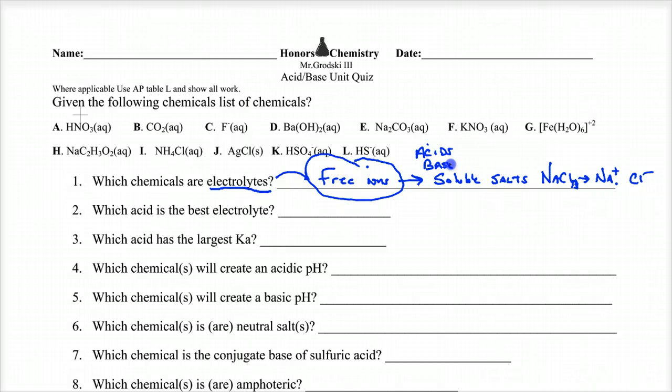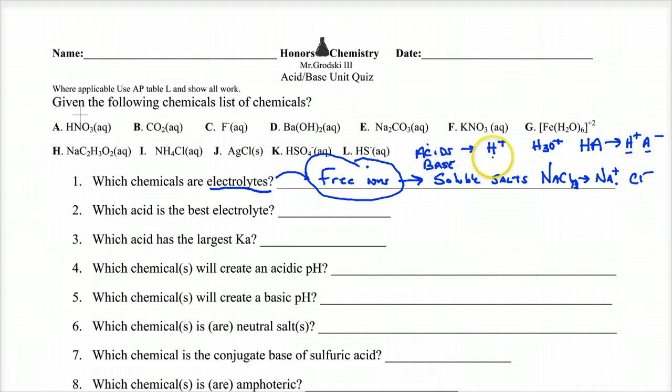Acids, in the simplest definition, produce protons. In truth, in solution they make hydronium ions, but they're ions nonetheless. They also have their conjugate bases that are charged, usually negative. So if you have an acid, HA, it breaks apart into an H plus and an A negative in solution. There's your free ions. And of course, bases do the same thing.